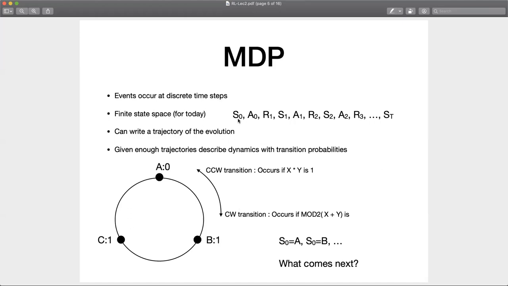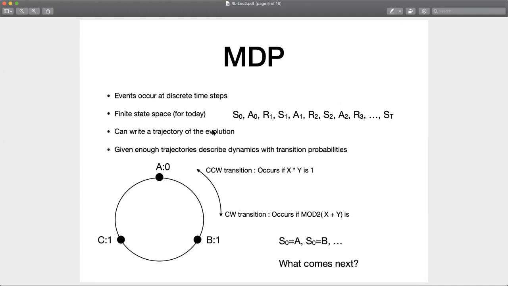Say I started in state 0, I took action 0, I then got a reward at the next step, and the state updated. Given this reward and state, I took another action, and that resulted in a new reward and new state. And I took another action after that, and so on and so forth. And then maybe you have some terminating states. This is not necessary, but the point is you have a trajectory that describes this evolution.